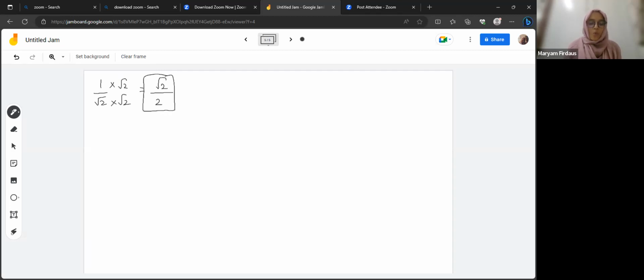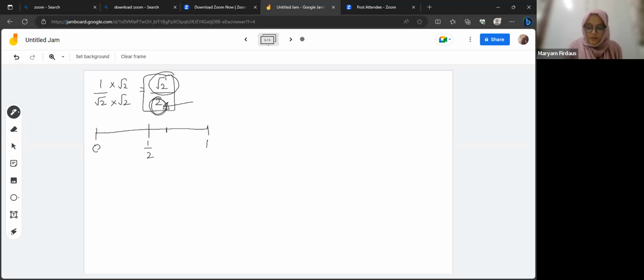Yes, it does. Why? Because you take the number line 0 and 1. You make 2 parts of it because the denominator says 2. So you make 2 parts of it. Numerator says I want root 2th of this. So this is 1 by root 2.